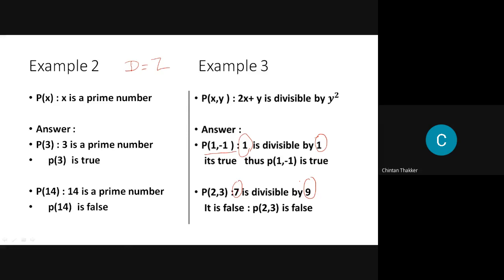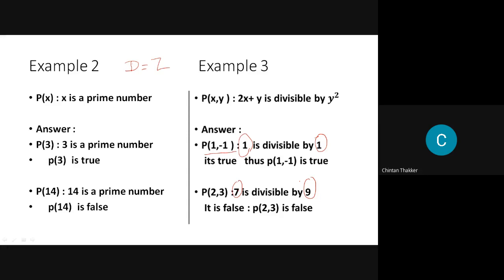For 4 comma 6, 8 plus 6 is 14, and 6 square is 36. So for 4 comma 6 it is false. For 1 comma 2, 1 into 2 is 2, 2 plus 2 is 4, and 2 square is 4. 4 is divisible by 4.